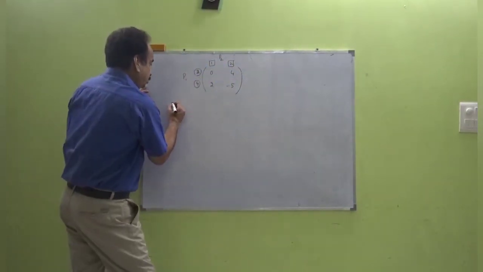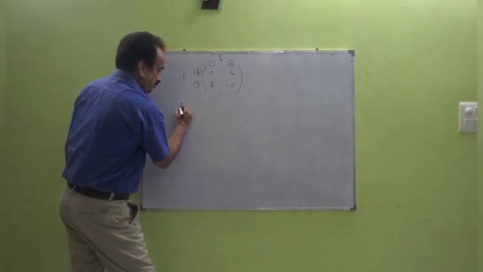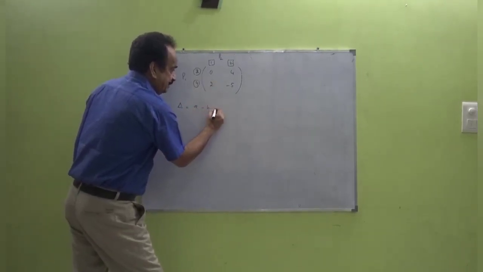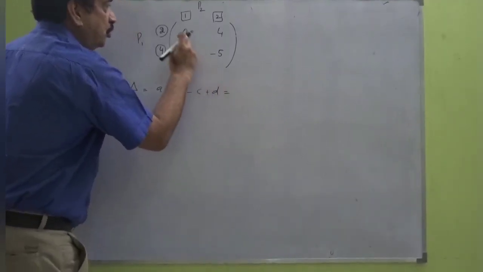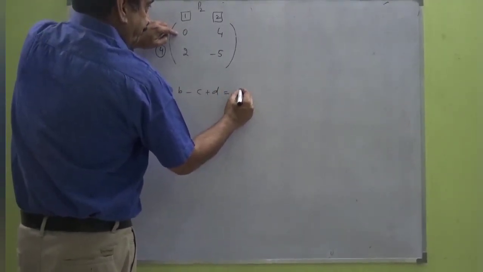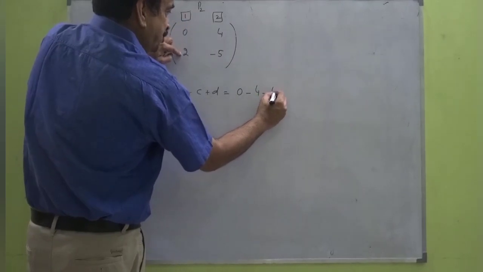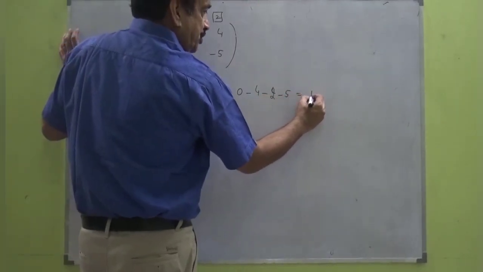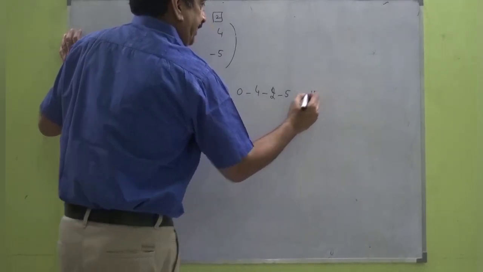Now look, we will apply over here our previous method. Delta is A minus B minus C plus D, which is 0 minus 4 minus 2 plus D, that is minus 5, which is equal to minus 11 here.